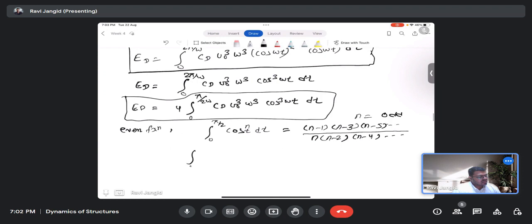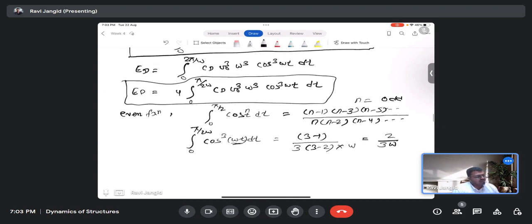So here, for cos cube omega t dt, that becomes (3 minus 1) over 3 into (3 minus 2), which is 2 by 3, and omega t is the variable, so the integral gives 2 by 3 omega.